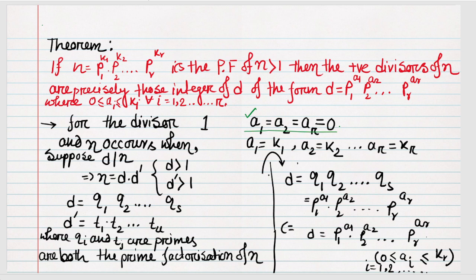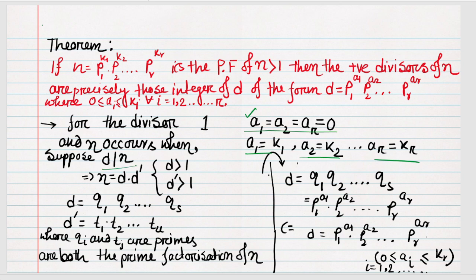If we take the integer n, then n also is a divisor: one will be 1 and another will be n, and n occurs when a1 equals k1, a2 equals k2, and ar equals kr.